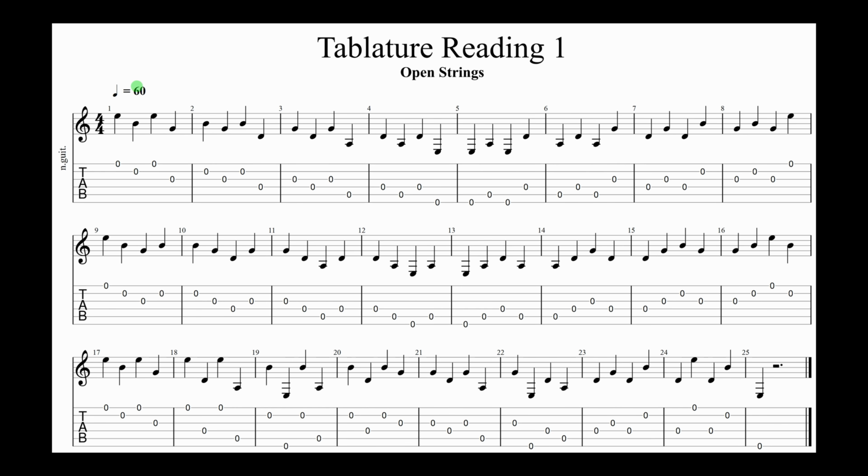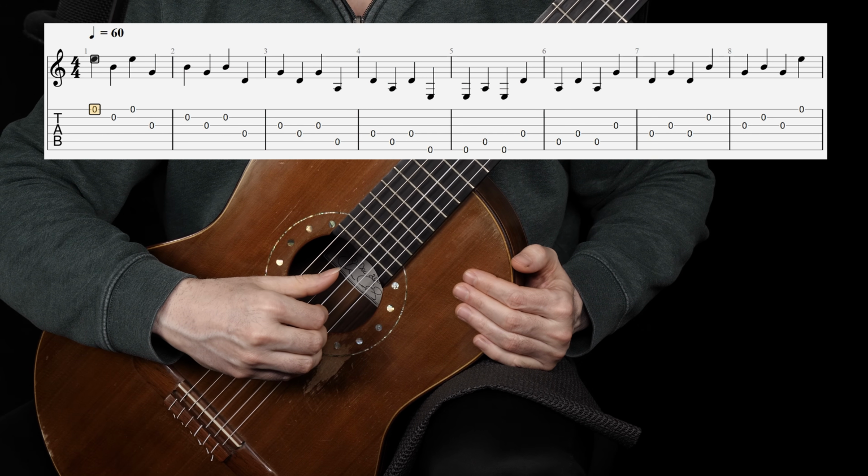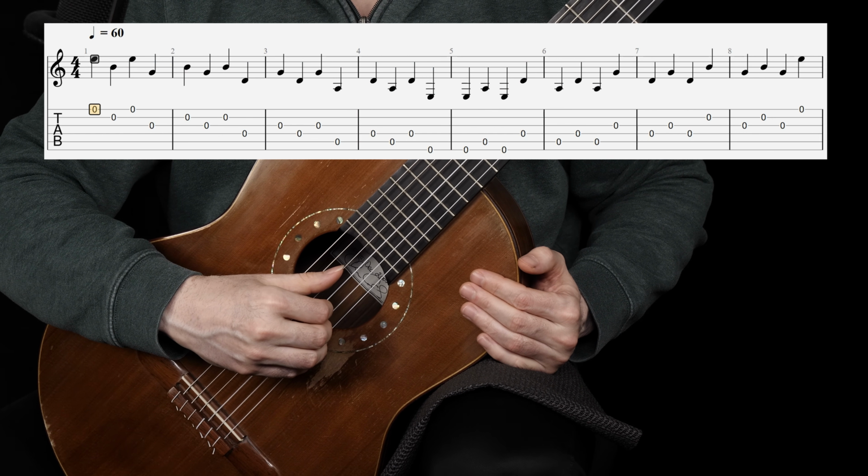Now to demonstrate, I'm going to work with you at 60 beats per minute on the metronome. Now if this is too fast, you can always slow me down on the media player. I'm going to work with you from measures 1 to 8, and then you're on your own. I'll give a 4 count, and we'll begin. 1, 2, 3, 4.